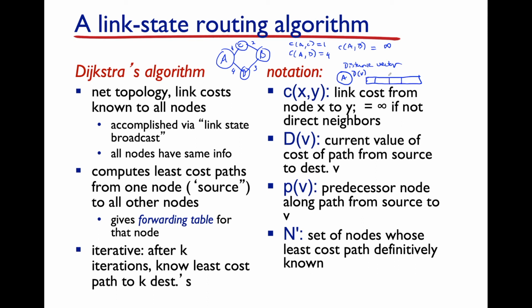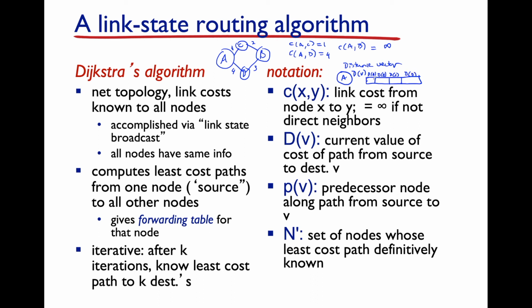So because we have 4 total nodes, that would be the cost to get to A, so D_A(A). That second position would be the cost to get to B, D_A(B). And that third position would be the cost to get to C, D_A(C). And then lastly, the cost to get to node D, D_A(D).